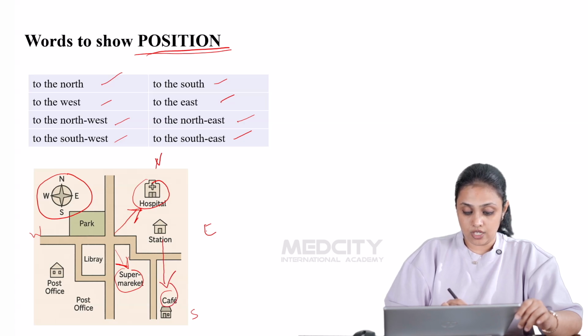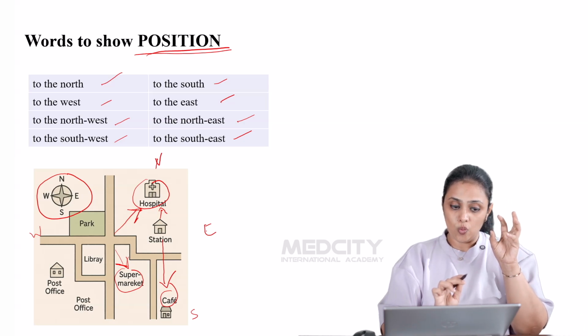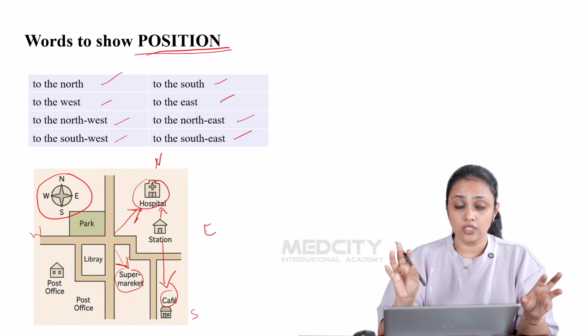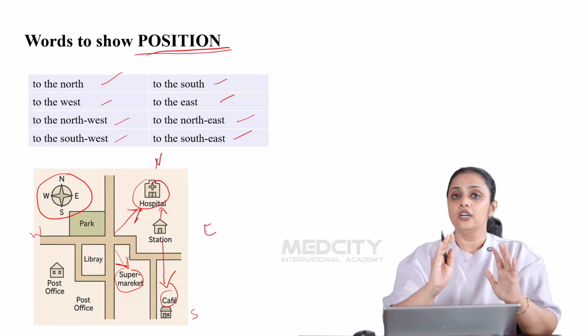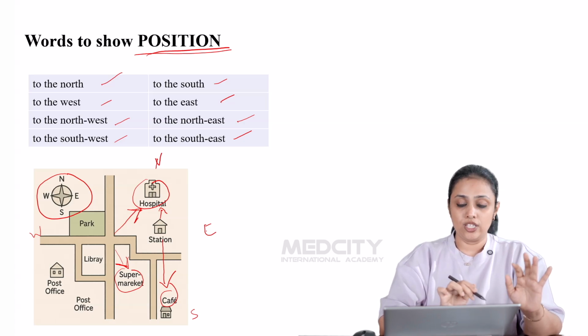With respect to the station, the cafe is to the south of it. Or the hospital which is located or situated to the north of the station. So with respect to one building, you can describe the position of another one. That is also fine. Or generally, you can mention the positions, simply north, south, west, or east.